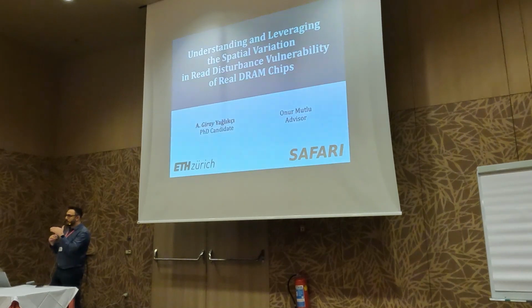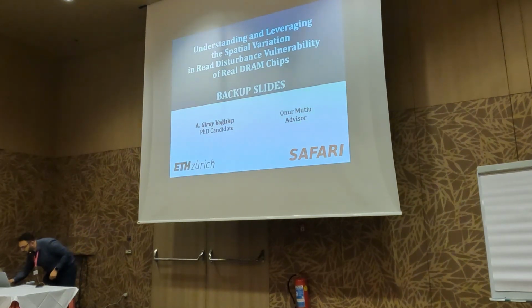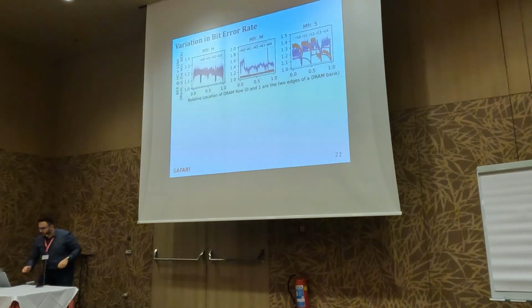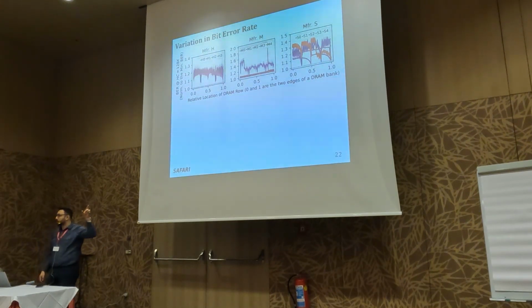I talked about subarrays in a DRAM bank that are split by local row buffers, and we observed that. Actually, I can show it here. For example, when we look at the bit error rate, we observe some repeating patterns, and we suspect that these can be because of those boundaries nearby the I/O circuitry.